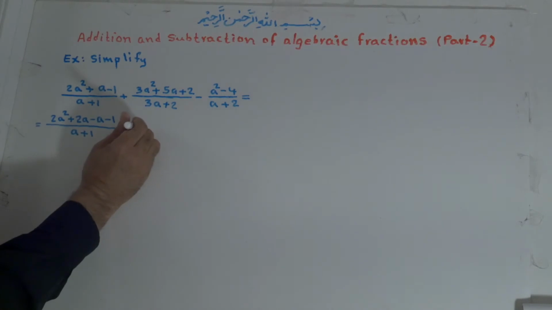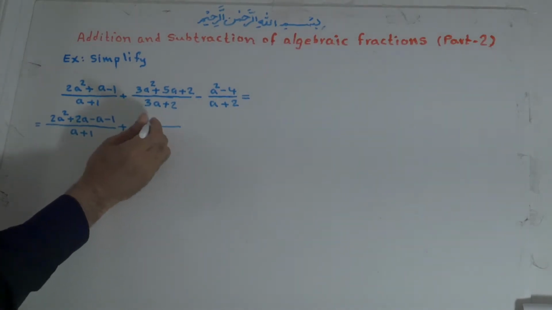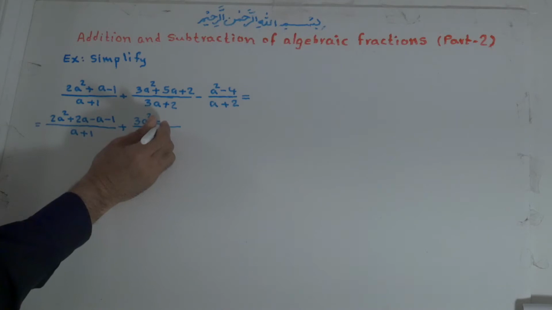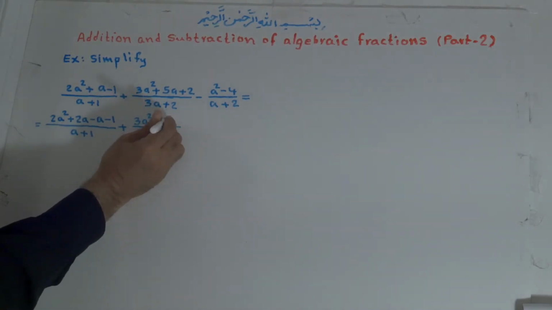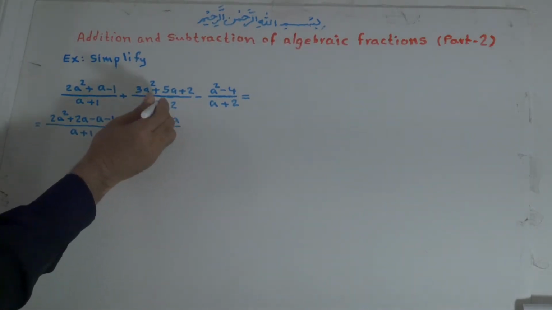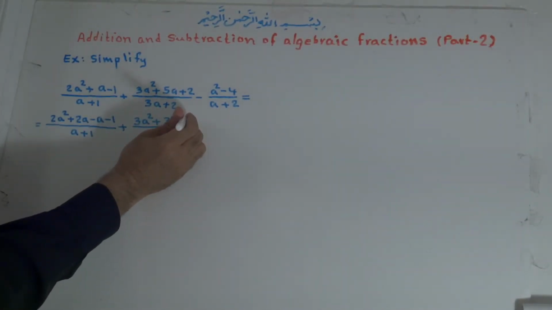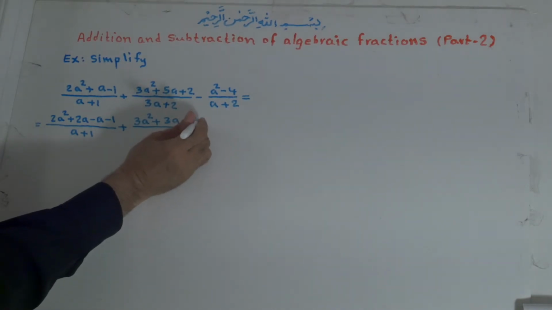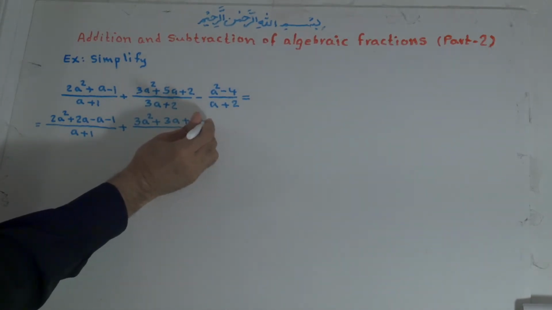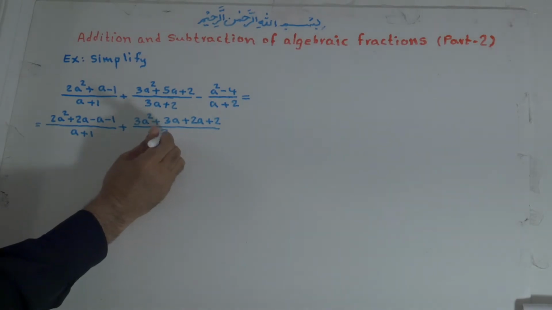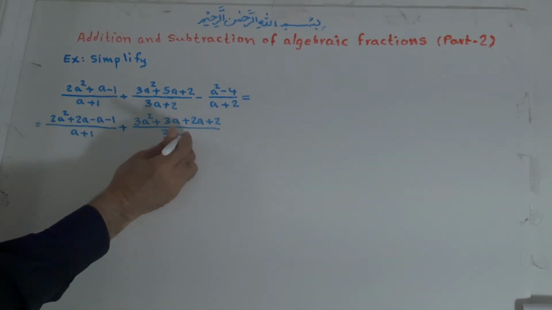Plus, for the second one, 3a² plus 3a; there is 5a, so we write 3a here and 2a here. 3 plus 2 becomes 5a, and plus 2, over 3a + 2.